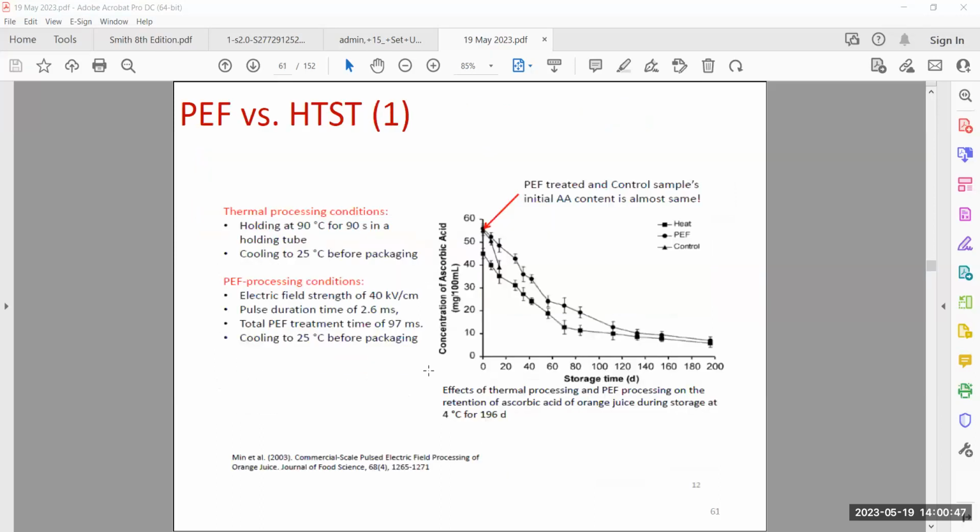Okay. And of course, if you were to compare pulse electric field with high temperature short time pasteurization method, okay, so kalau you lihat kat sini, although the heat treatment effectively kills off all the microorganisms in comparison to the pulse electric field, however, the result for this orange juice is not as good as the pulse electric field, where pulse electric field managed to minimize the quality degradation, especially on the vitamin C, the color, and so on.